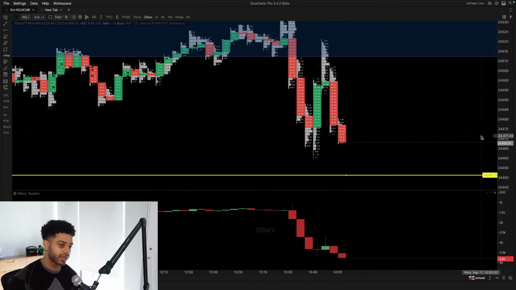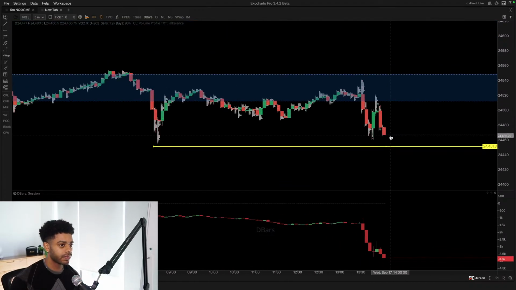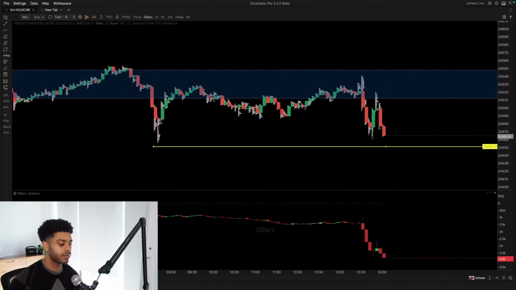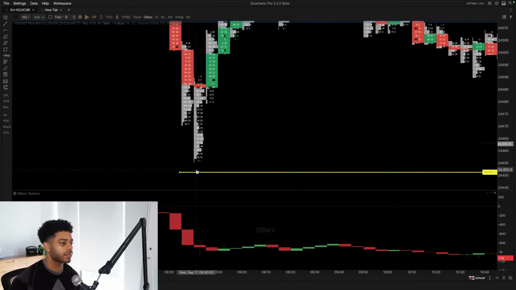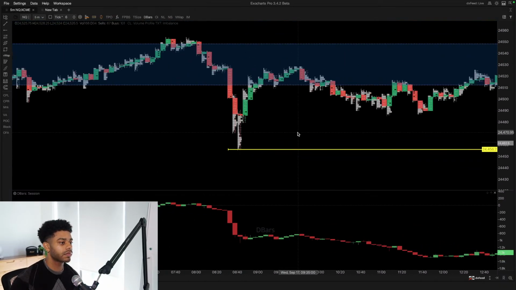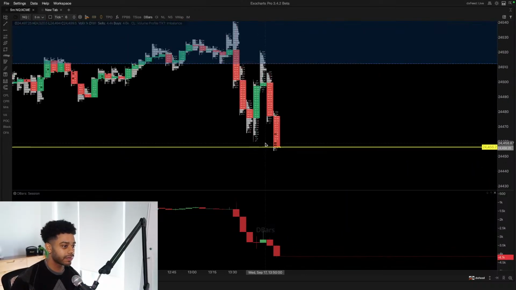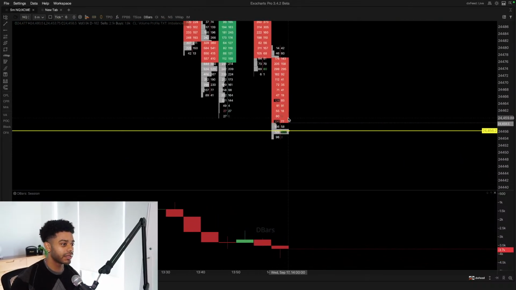Getting more aggressive sellers stepping in here. Do we want the lows though? Oh yeah, we're taking them. Oh, and we're getting more imbalances. Let's see if they'll stick though.